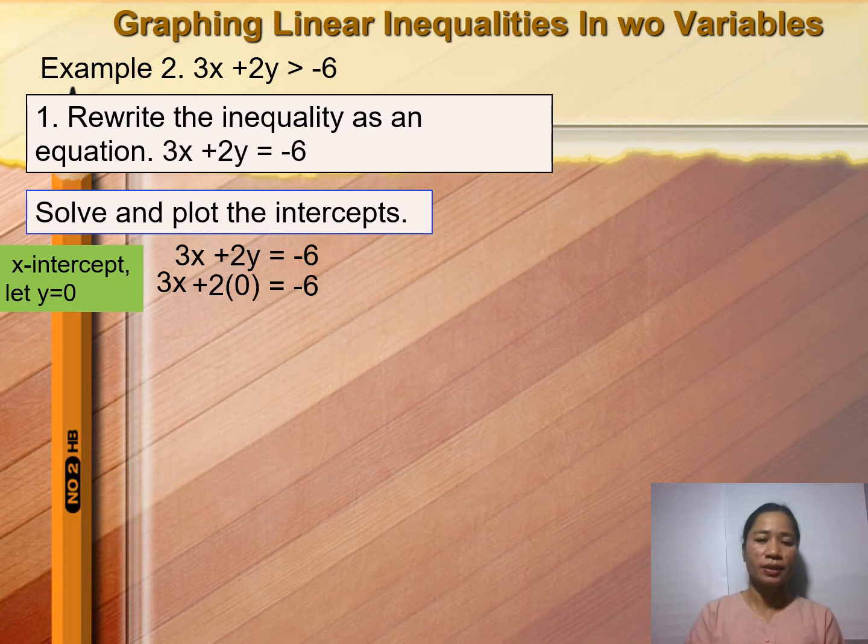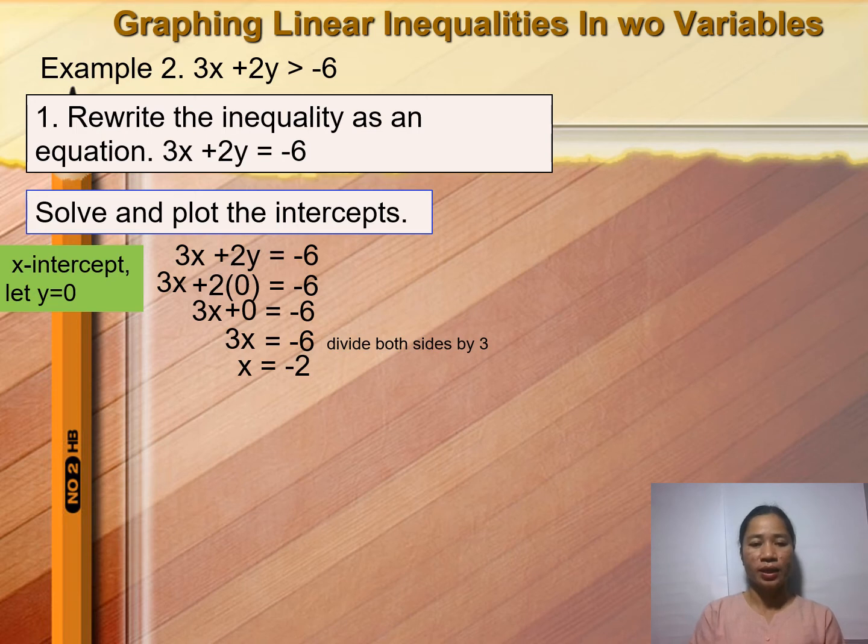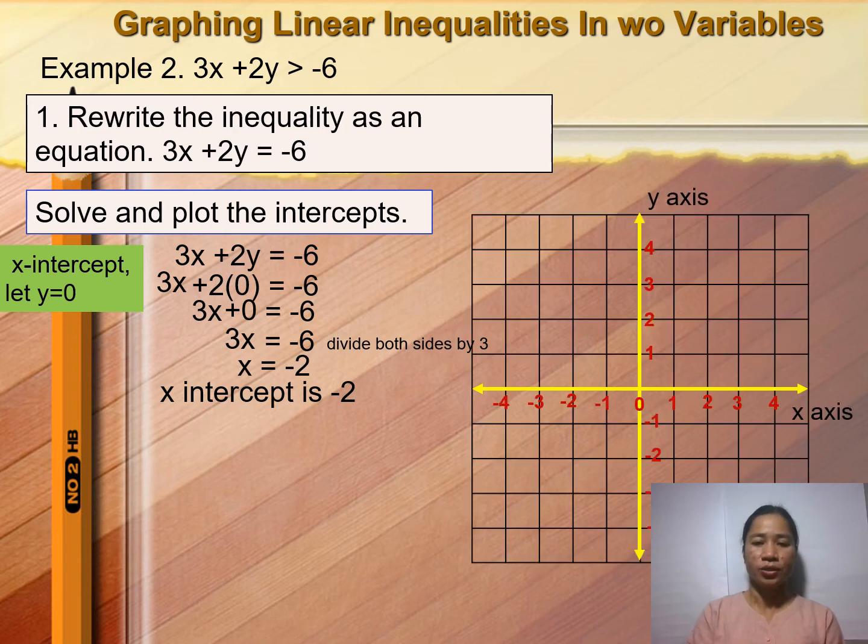It becomes 3x plus 0 equals negative 6, which becomes 3x equals negative 6. Divide both sides by 3. We have x is equal to negative 2. So the x-intercept is negative 2. So the line crosses the x-axis at negative 2, 0.